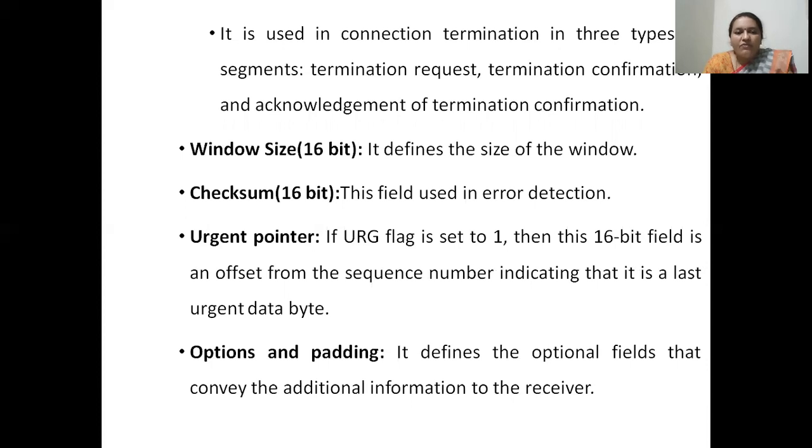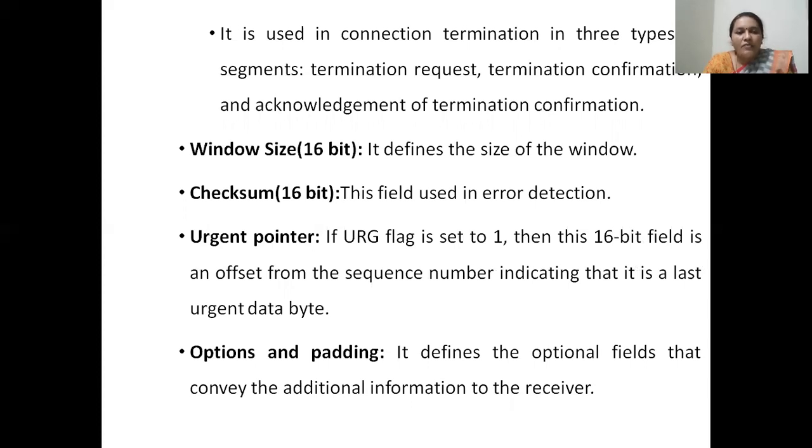So apart from control flags, the TCP segment format consists of 16-bit window size, which indicates the size of the window for receiver as well as sender. If it is used by receiver, it indicates the receiver window size, and if it is used by sender, it indicates the sender window size.